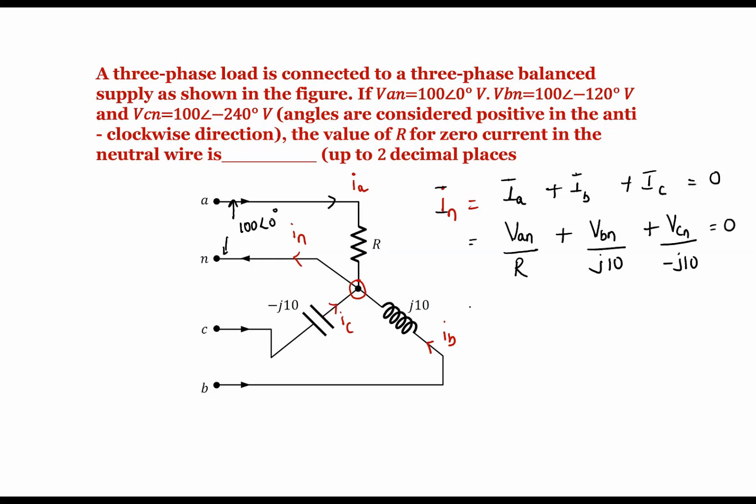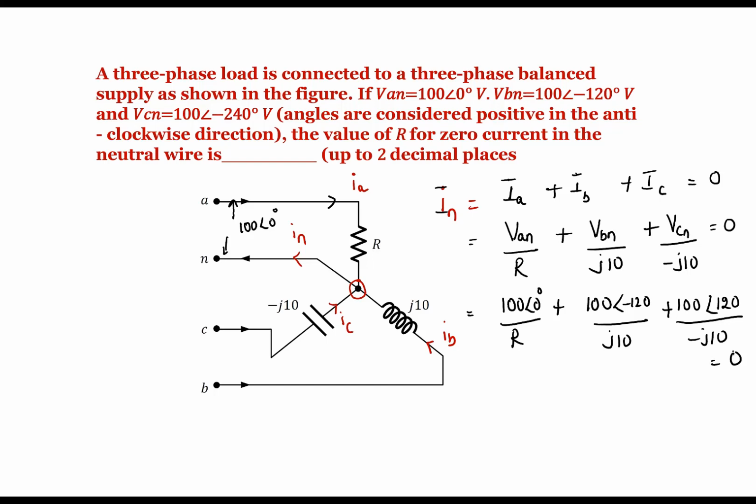So the VAN value is how much? 100 at an angle 0 divided by R plus 100 at an angle minus 120 divided by J10 plus 100 at an angle minus 240, I can write it as plus 120, divided by minus J10. So you have to solve this equation to get R. Okay.